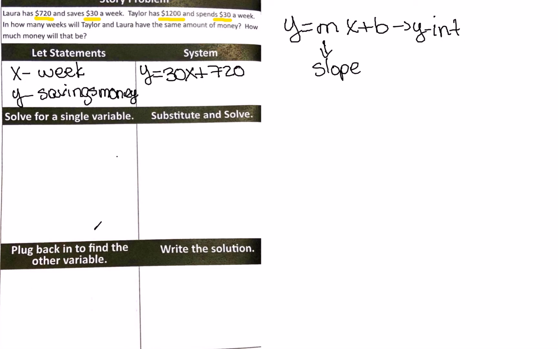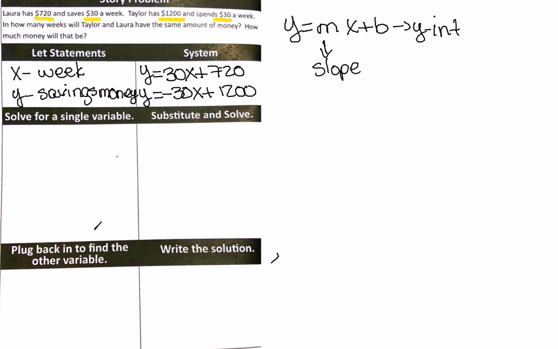Then let me create one for Taylor. So for Taylor it is y equals negative 30 because he's spending the money, not saving. He will have minus $30 every week in his account, plus his starting point, which is 1,200.